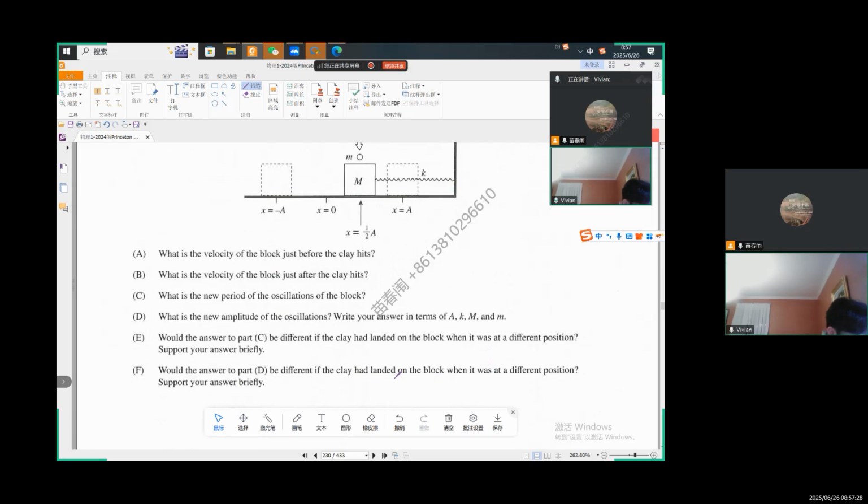No, because the equation for the period would still be the same. So K is still the same, right? And mass is still the same, right? It's still M plus m. So that doesn't change.